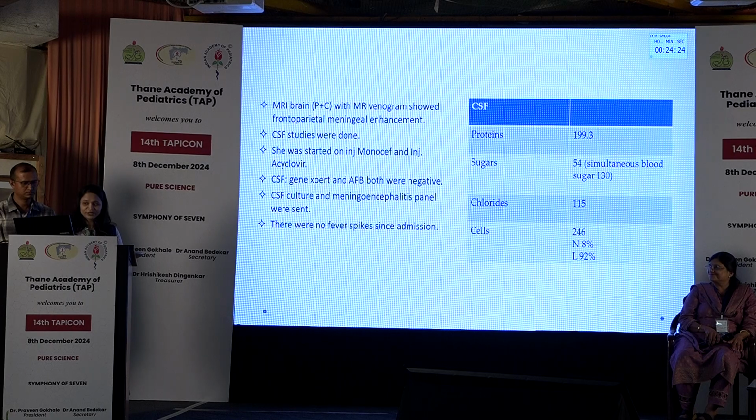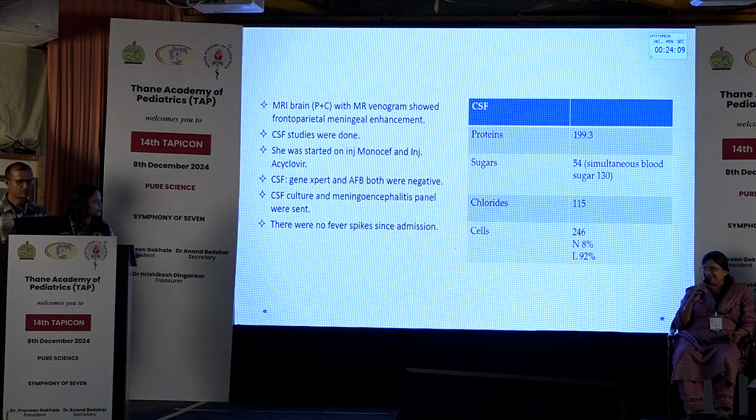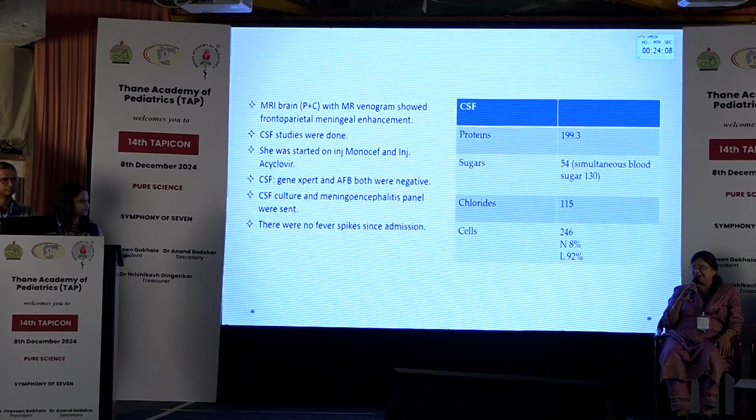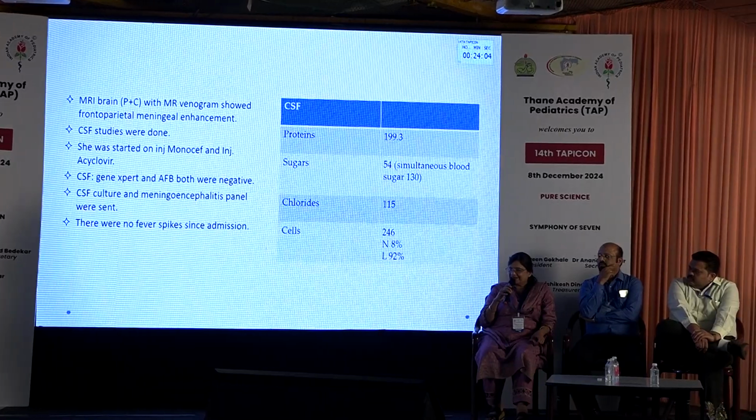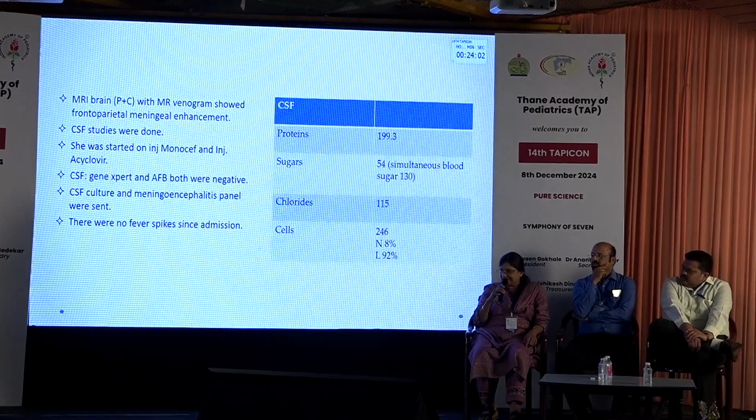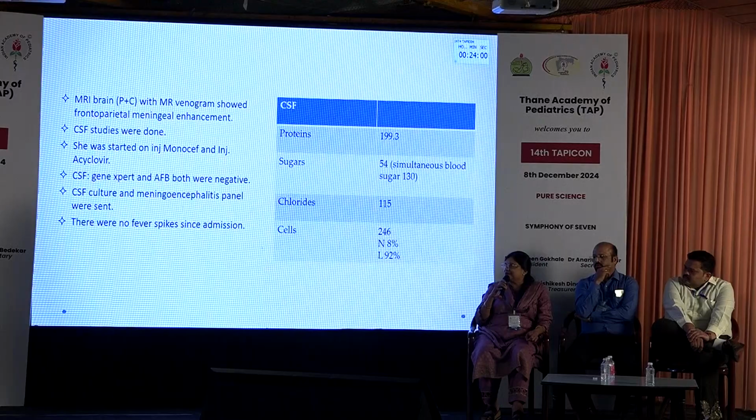So looking at the CSF picture, what is the thought process? What kind of meningitis can it be? 40 years ago, I would have said TBM. But now there are many other differentials to be considered, because the proteins are high, more than 45, sugars are low, less than 60% of the blood levels, chlorides are 115, and cells are predominantly lymphocytes, although they are 246.